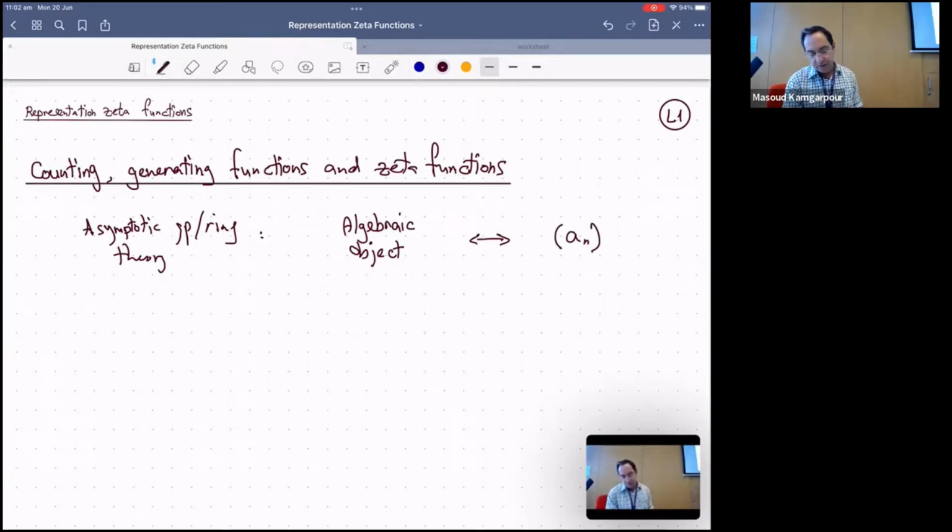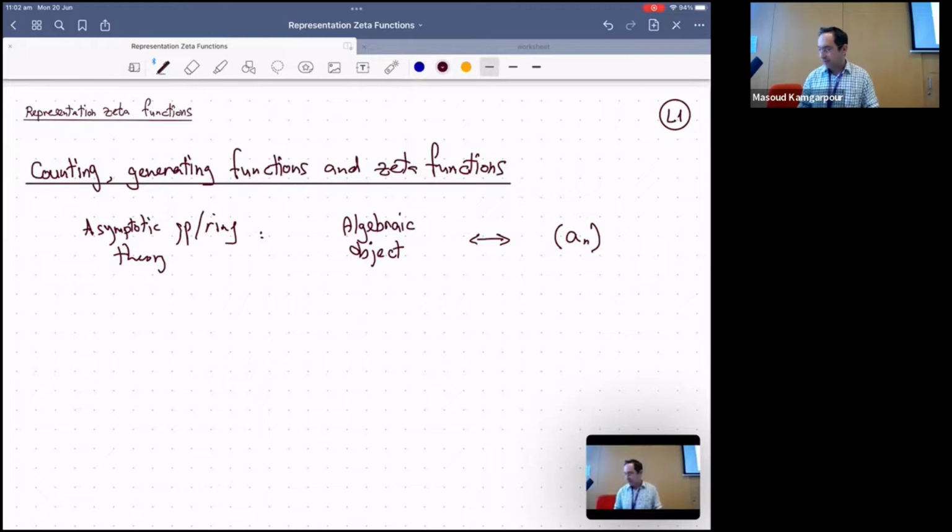And try to see whether you can learn something from the relationship between the object and this sequence of numbers. And that's what we are going to do, right? It's not so scary.